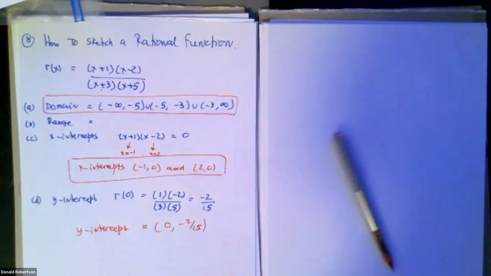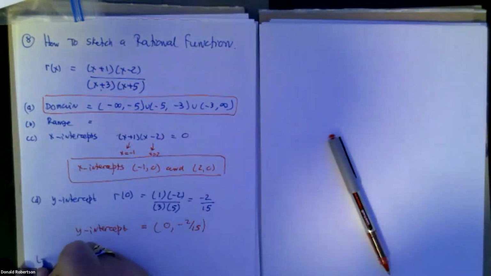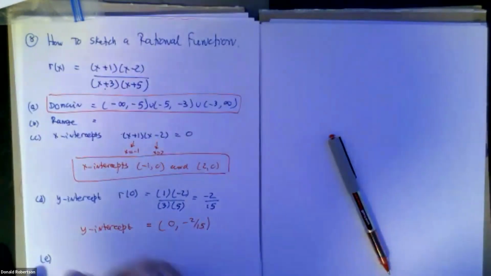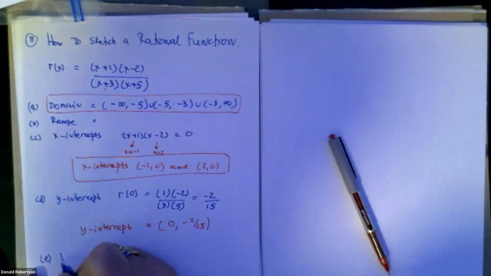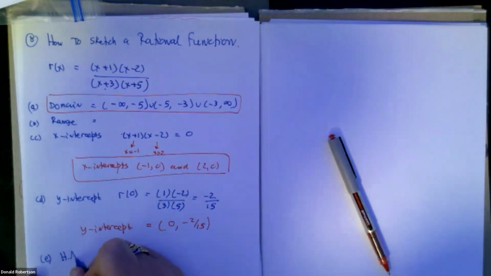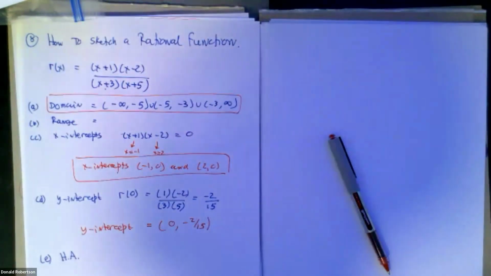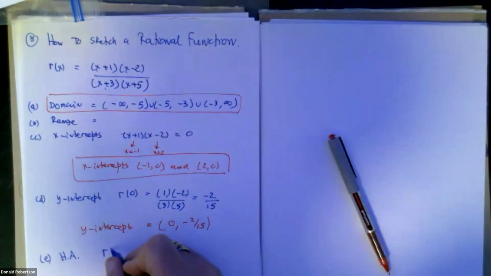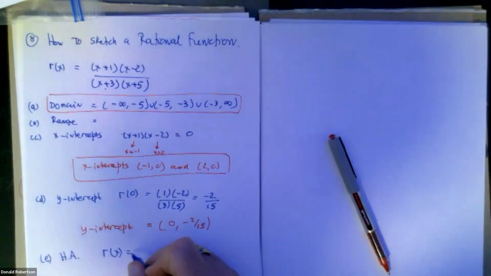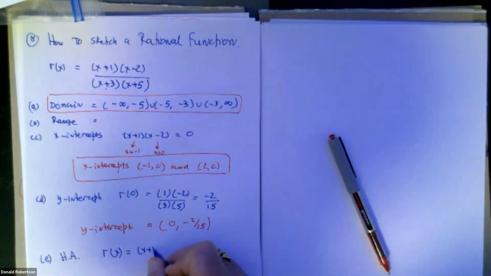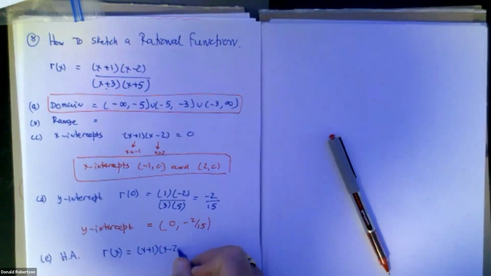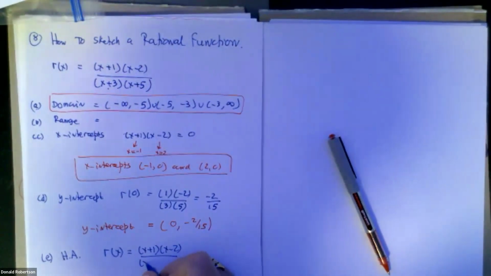Now, what we're going to do next is we're going to do horizontal asymptotes. So to get a horizontal asymptote, you have to do a bit more work.